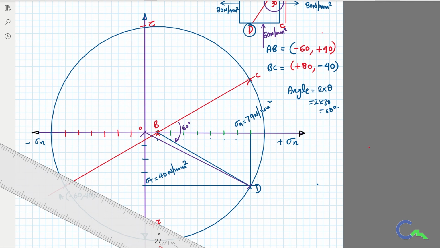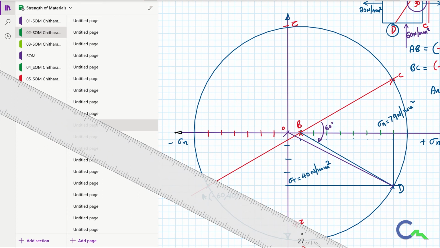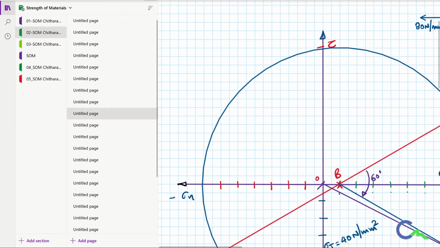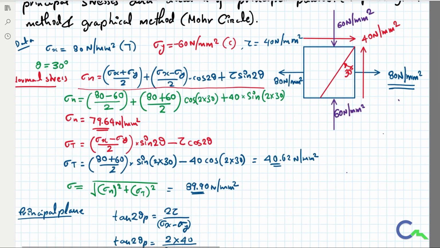If I go back to the analytical method, we can compare the values. Normal stress we got around 79.64, and in this graphical method also we got almost the same value. Again sigma t, you can see here we got around 40, and in the analytical method we got 40.62.